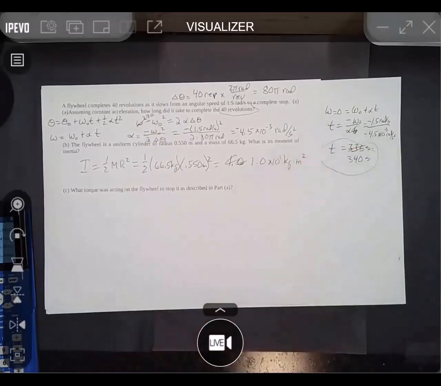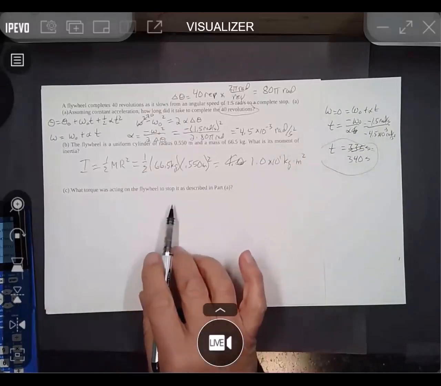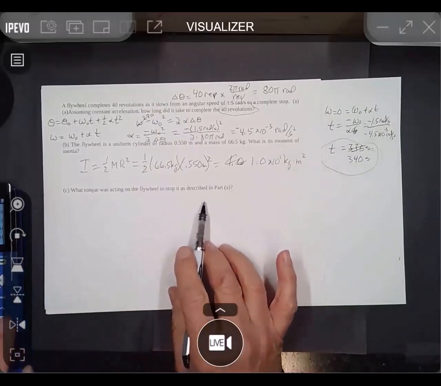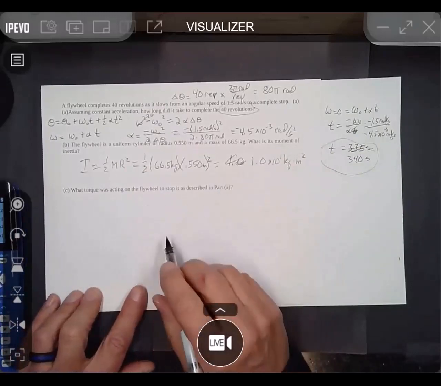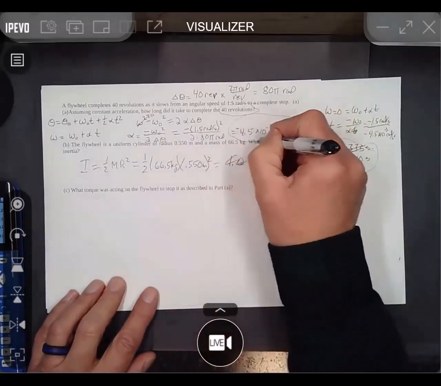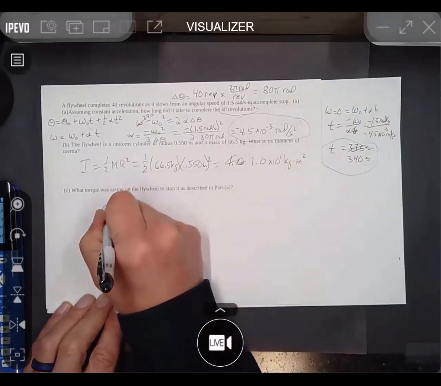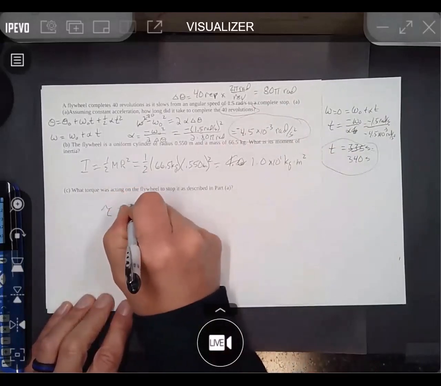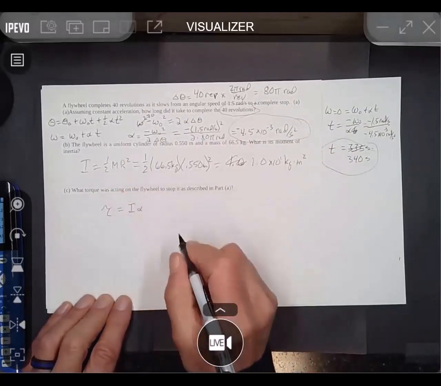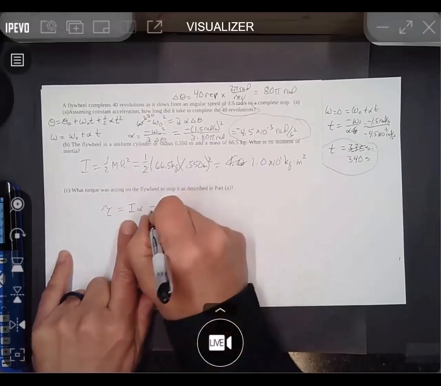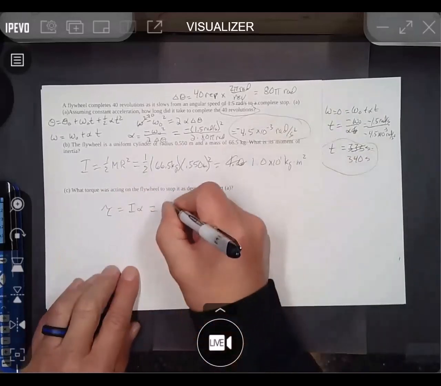And then finally, what torque was acting on the flywheel to stop it as described in part A? Well, in part A, we figured out the angular acceleration. The torque is equal to I alpha. And we've got the moment of inertia, we've got the angular acceleration.